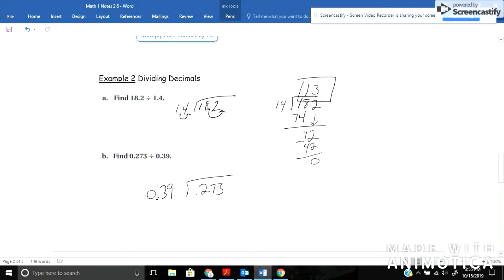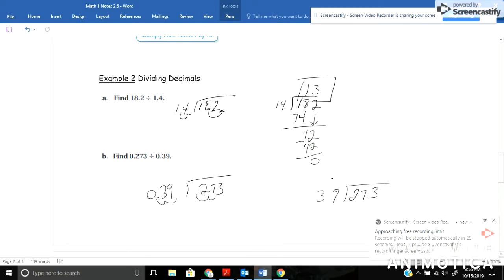And in my other number, if I moved it 2 spots in the divisor, I need to move it 2 spots in the dividend. So now this becomes 27.3 divided by 39.